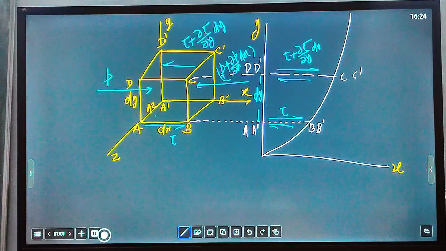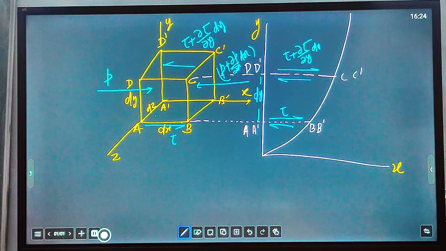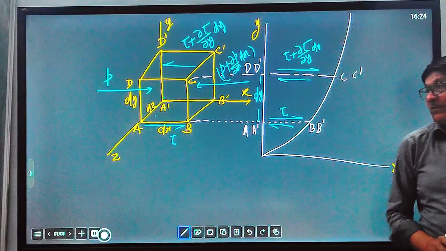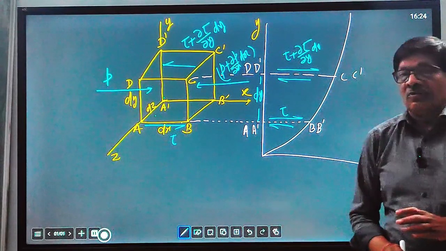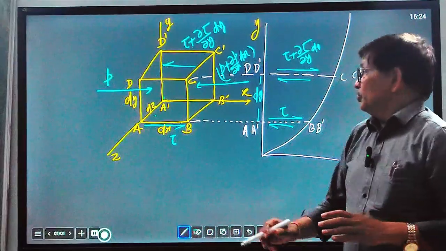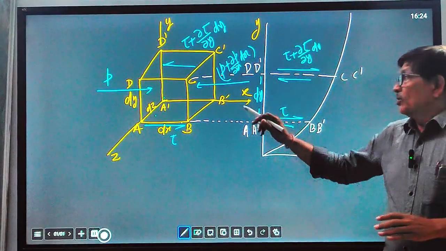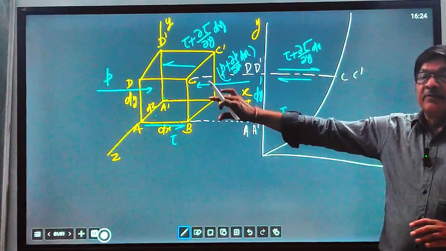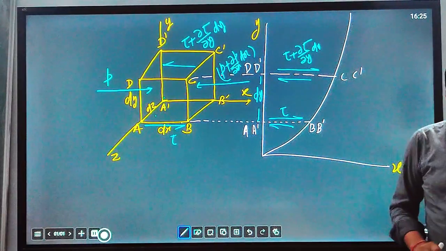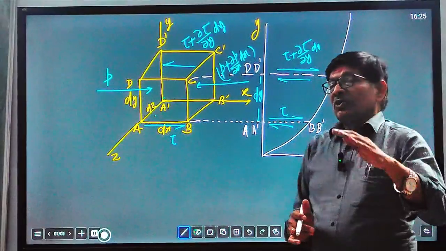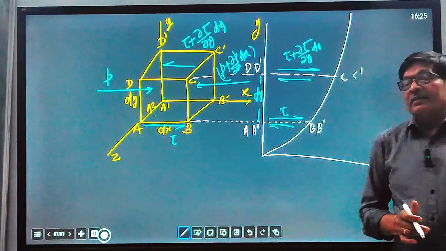We have considered laminar, viscous flow under steady conditions. Under steady flow, the net force acting on this element will be zero under equilibrium condition, because in steady flow there is no acceleration.